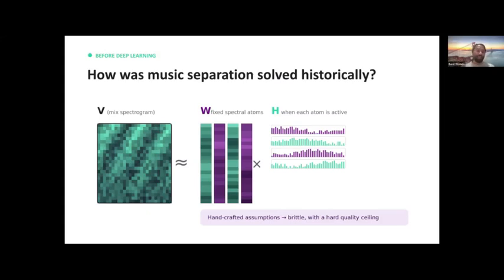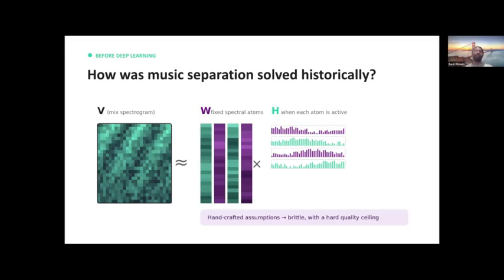But the idea is we take an input spectrogram, and we're proposing this input spectrogram can be broken down into distinct atoms, which we can think about as the individual sources.